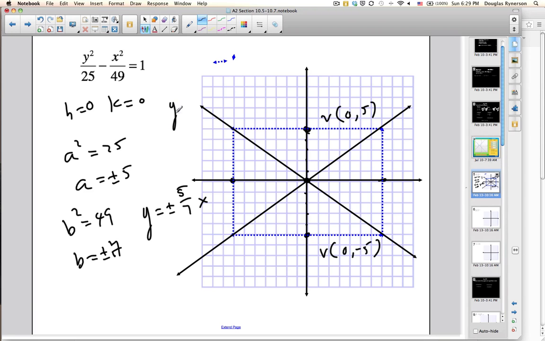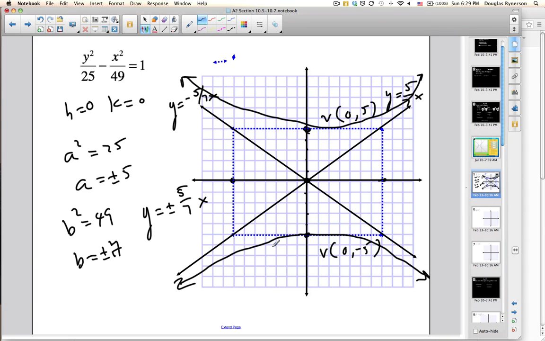This is my asymptote y is equal to negative 5/7 x, and this is y is equal to 5/7 x. And all I need to do now to finish out is draw my branch that comes along one asymptote, passes through the vertex, and goes out along the other asymptote. And that's graphing a hyperbola.